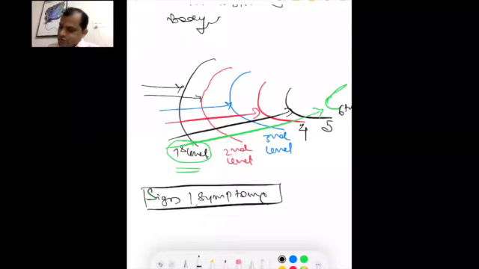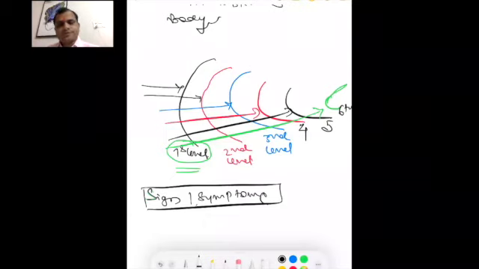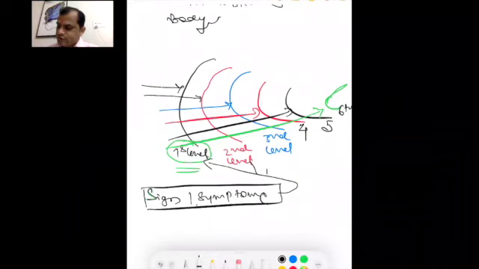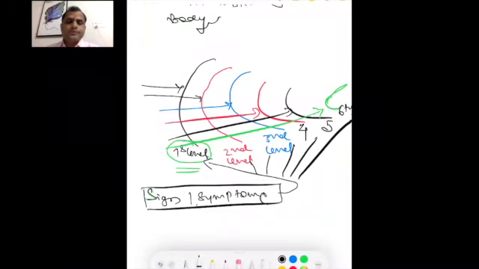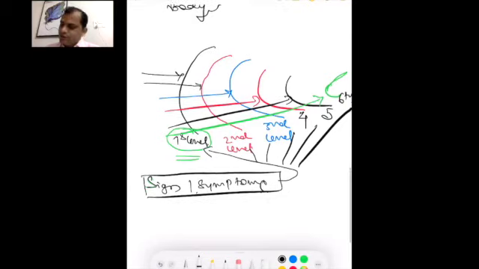So by seeing the signs and symptoms, we can find out that the virus has reached the first, second, third, fourth, fifth, or sixth level. And accordingly, we can make the protocol to fight the disease.